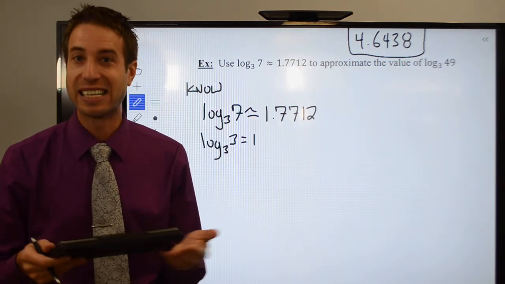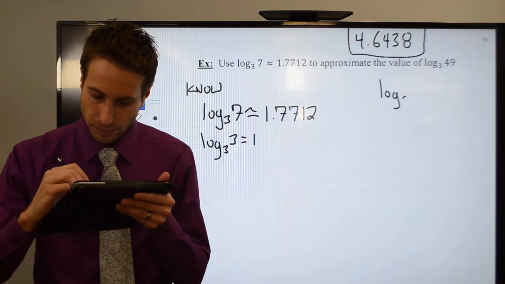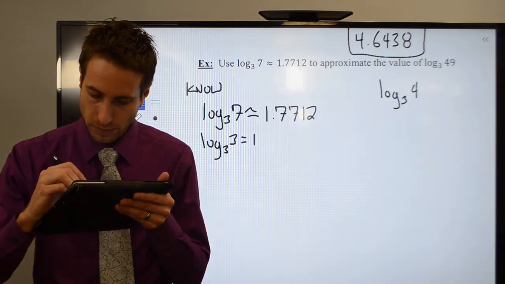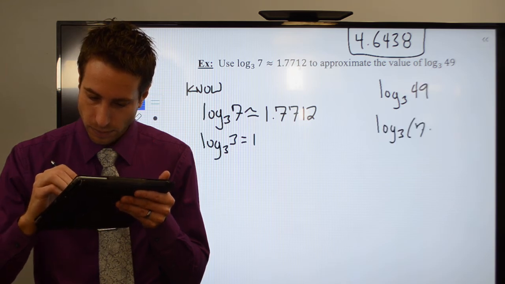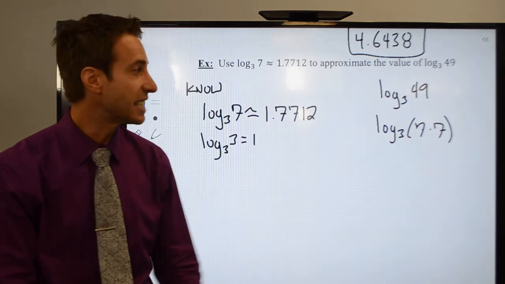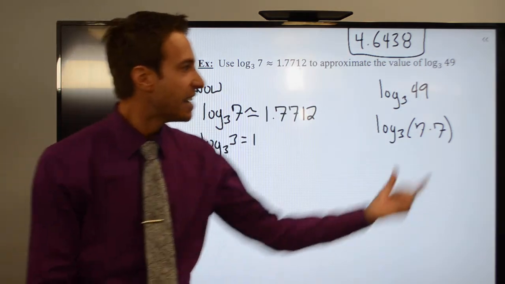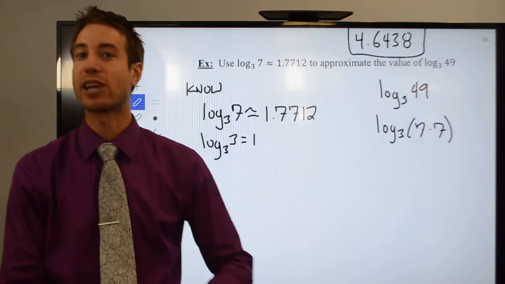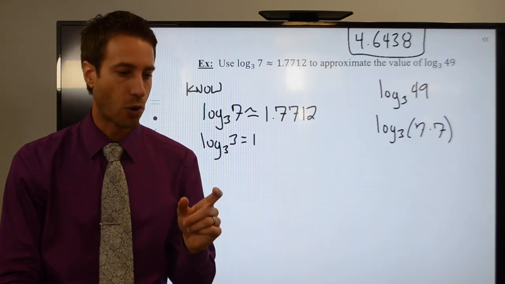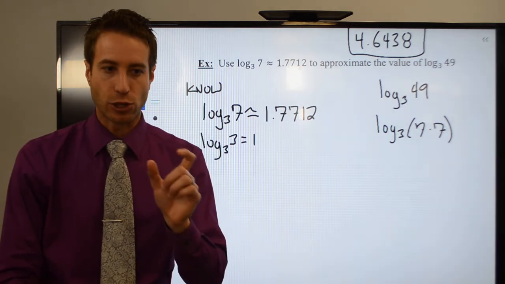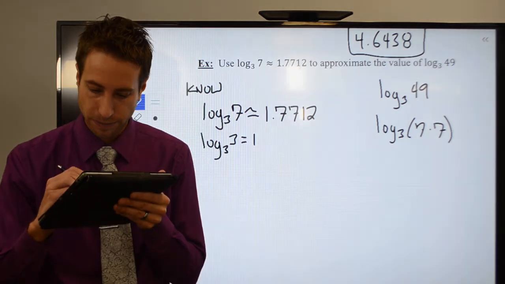Well, I know 49 is 7 times 7. You could just as easily do 7 squared. It'd be exactly like the one we just did. This time I'll do 7 times 7, in which case I'll then use the product property for logarithms to split it up into addition.